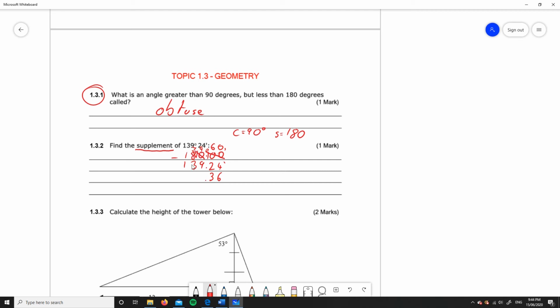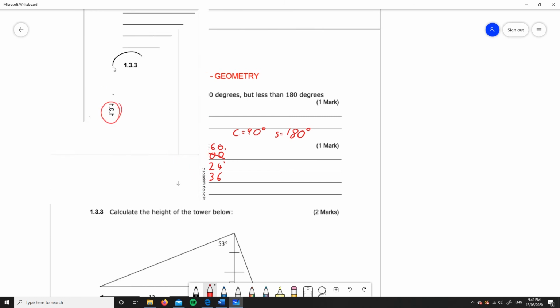So 179 minus 39 gives me 40. And if you've estimated well, if you round that up to 140, 140 plus 40 would give you your 180. So you know your answer is going to be ever so slightly higher than 40 degrees, as it is there.